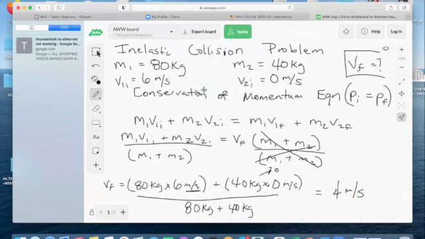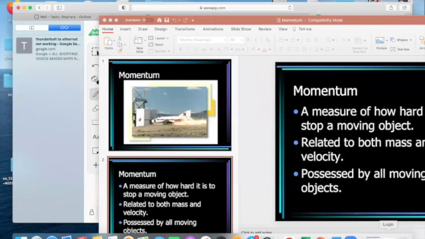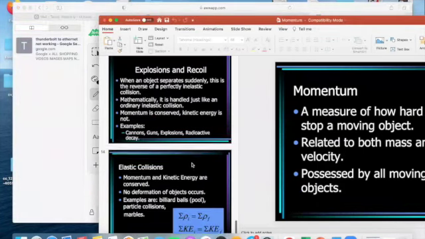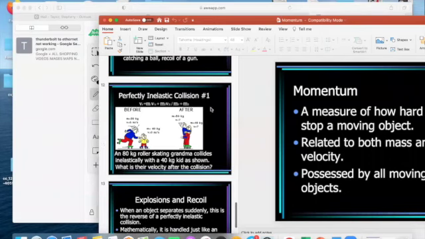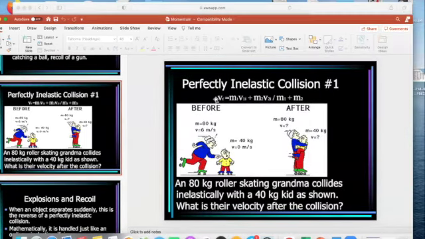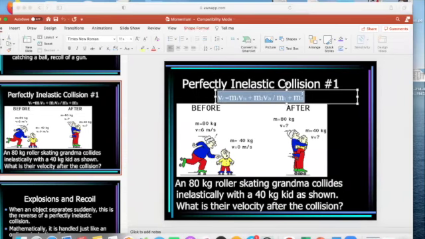Now this is kind of confusing because I know there's a lot of M1, M2, V1, V2, final, initial, right? It can be a lot. So if you feel like you may not be able to work it out fully, at the top of the problem that we did, they already solved for V final for you.